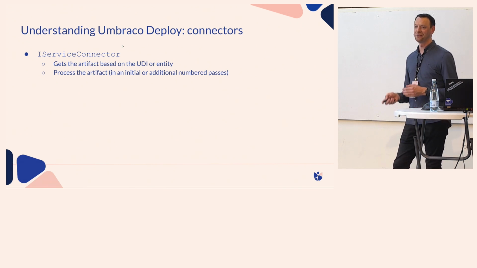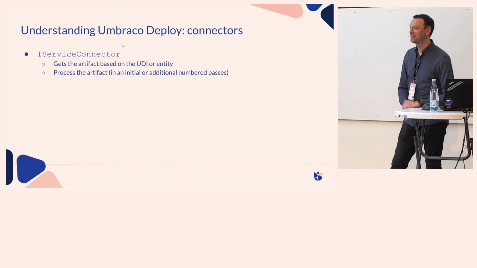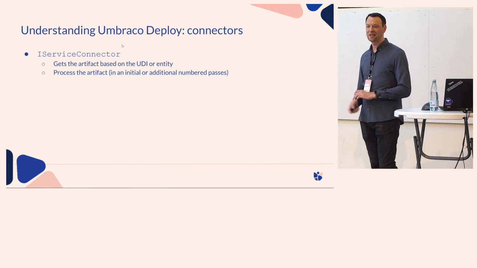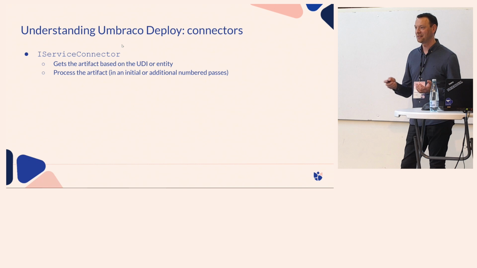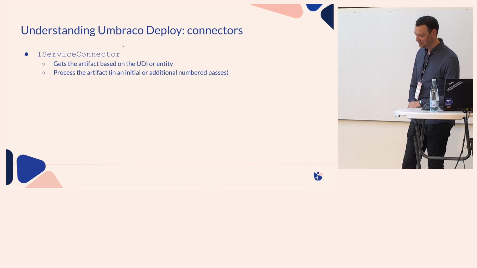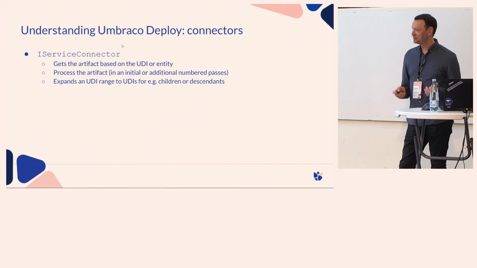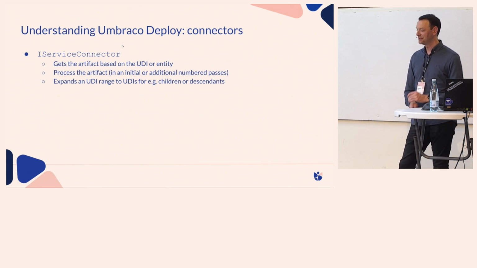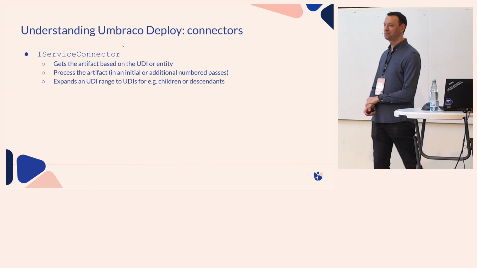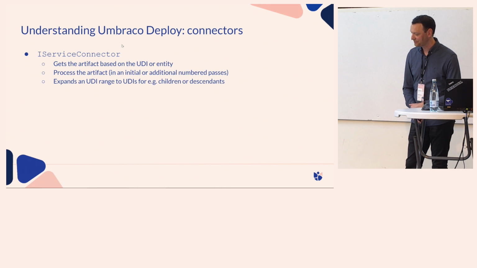This allows us to, for example, first process your content, and then in the next step, once all the content is deployed, add the additional public access settings or related information that might need other documents to exist as well. And finally, there's also a method to expand a UDI range into separate UDIs, and that's used by Deploy if you want to include all the children or descendants.